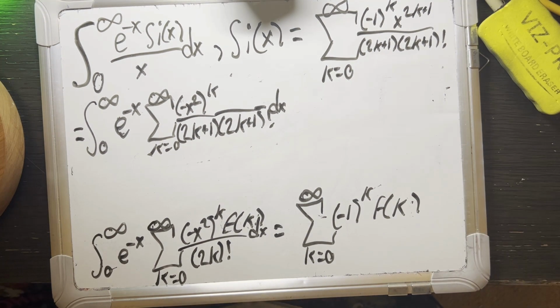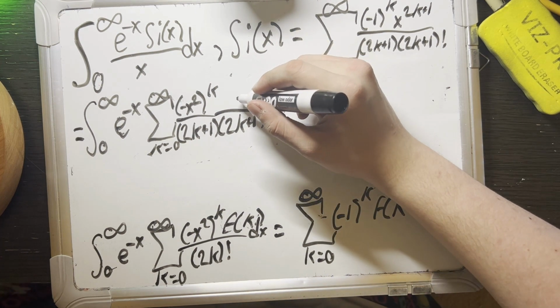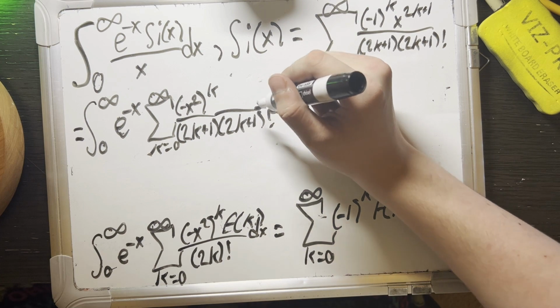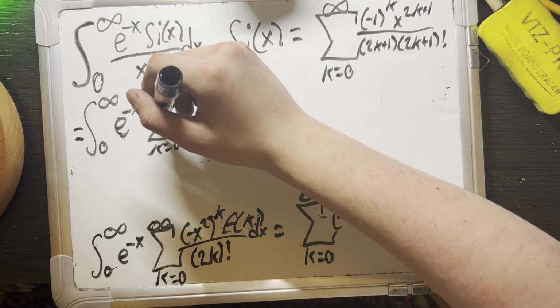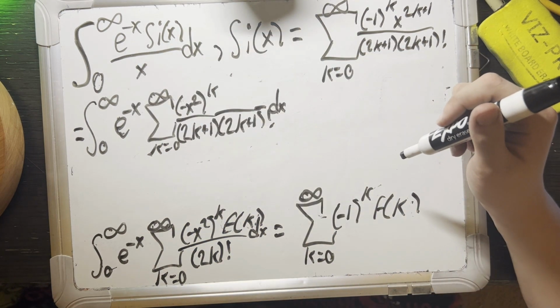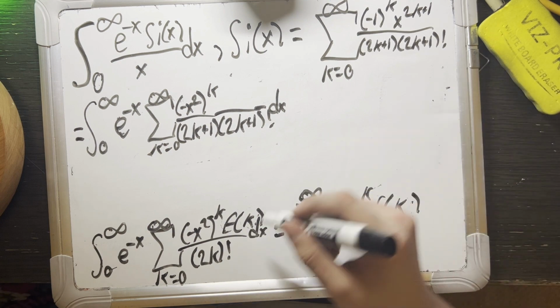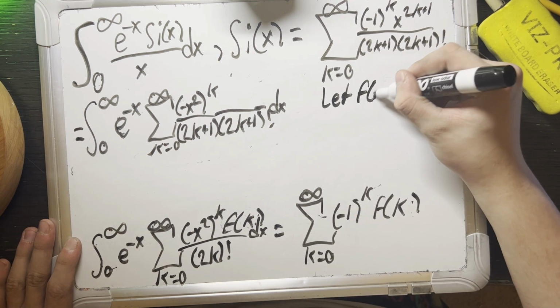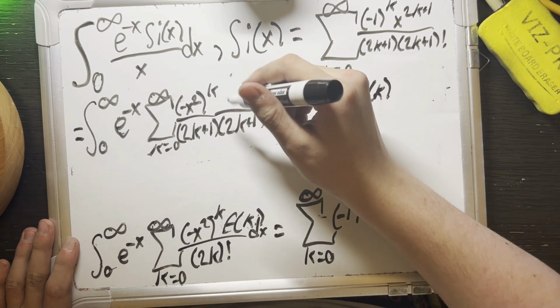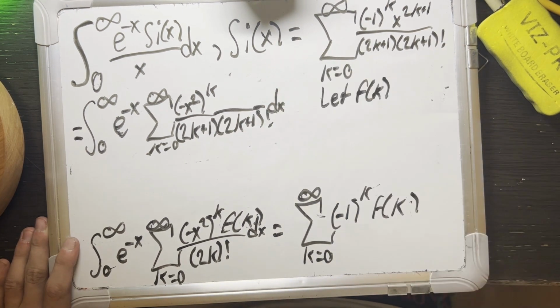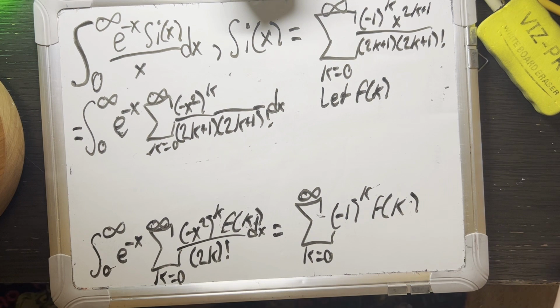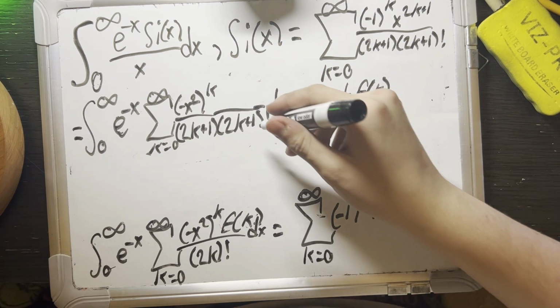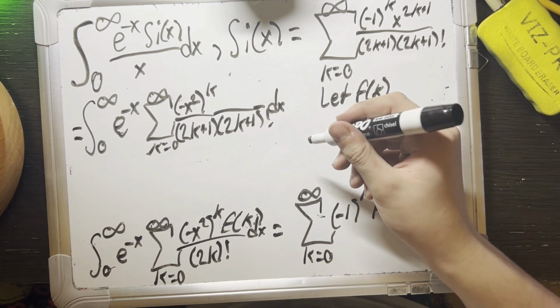Okay, so now we have a formula to plug in our new values of f of k here, this new function on the index of the sum, into, right? So we're going to let f of k in our situation equal, or actually here, we're going to express this differently.